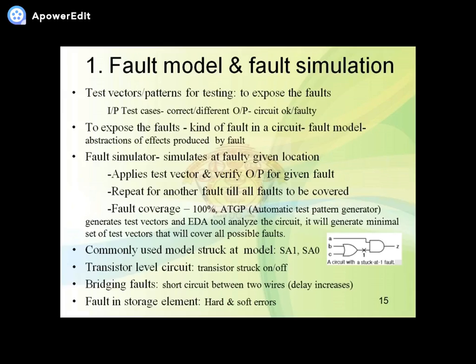If in that same memory location we store the same data and it is correctly stored, then the fault is soft, that is, the error is a soft error. If the error is repeated, then that error is a hard error. In this way we can detect hard and soft errors.